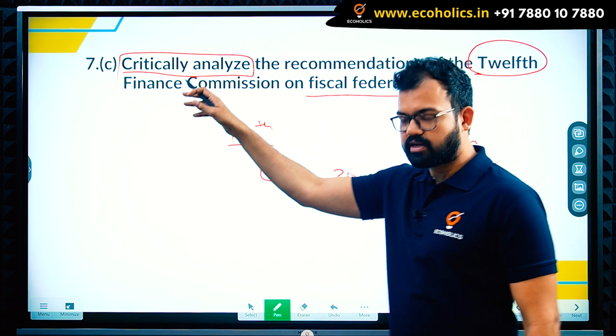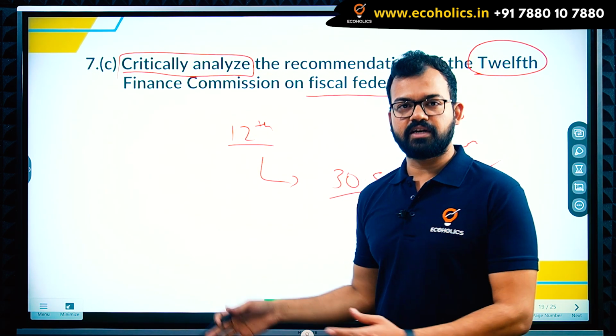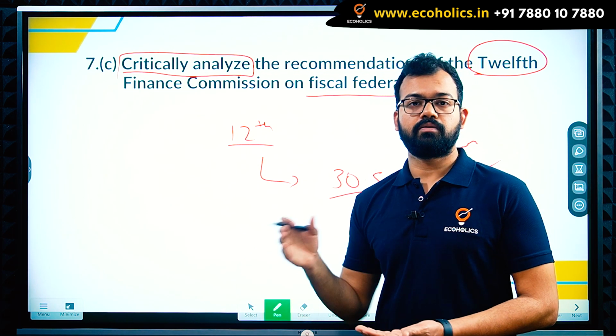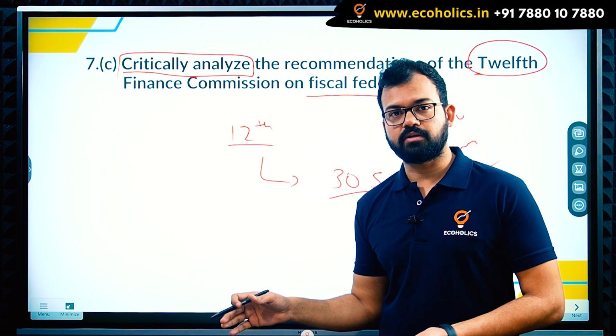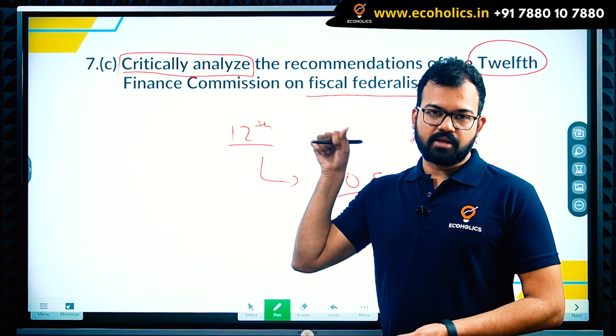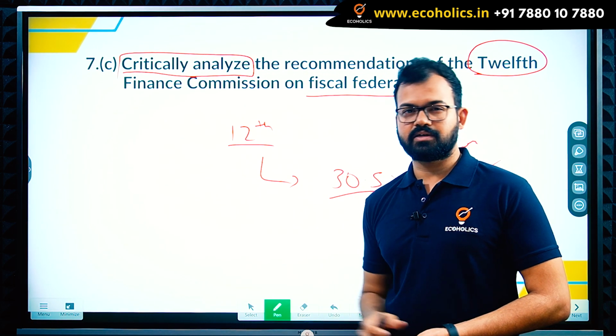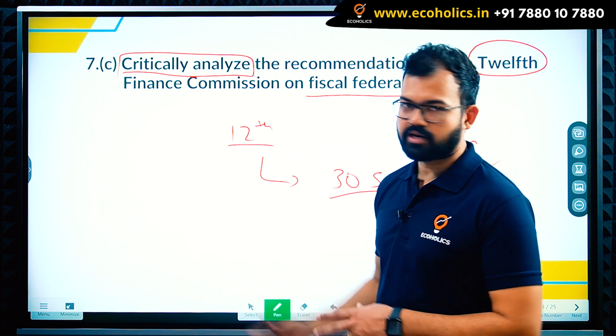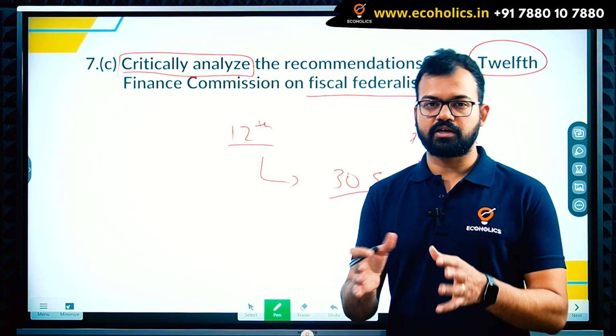You have to critically analyze that they left certain areas, but you cannot compare the answer with the 13th, 14th or 15th Finance Commission. As long as it is in the syllabus, this question is important. But it is pretty factual, so you can just write all the recommendations and do the criticism of it.